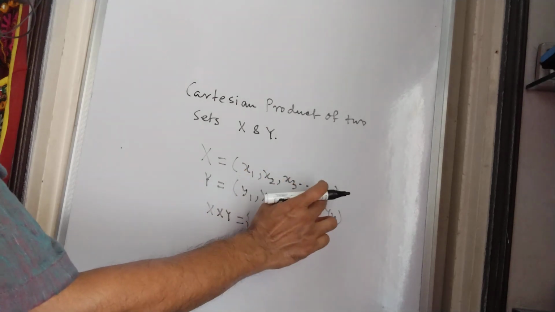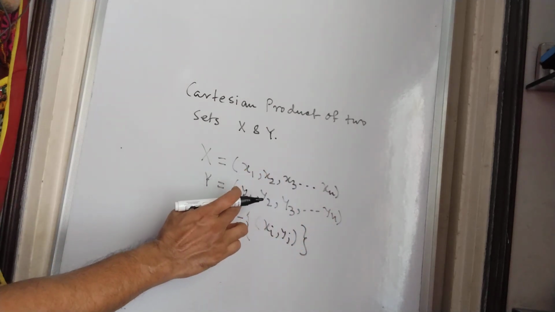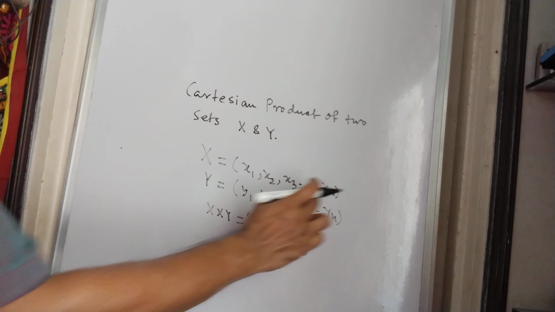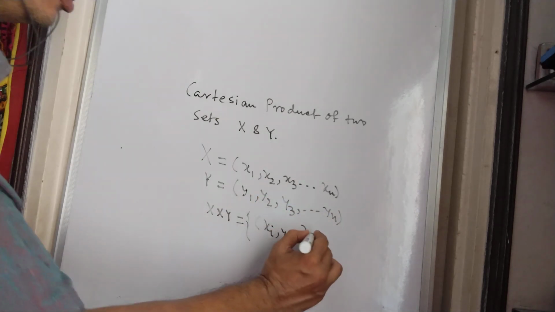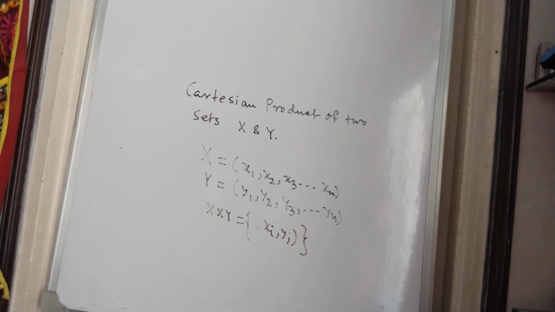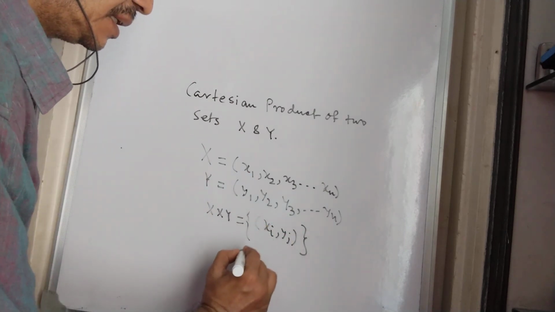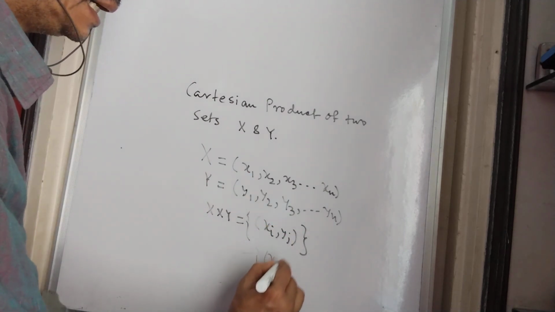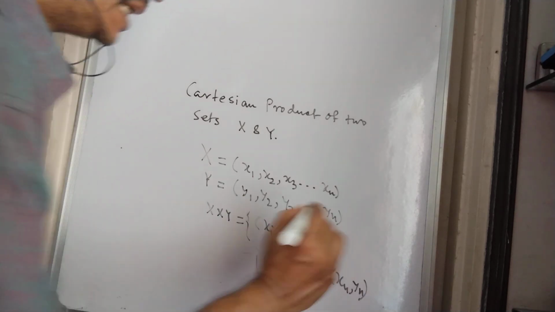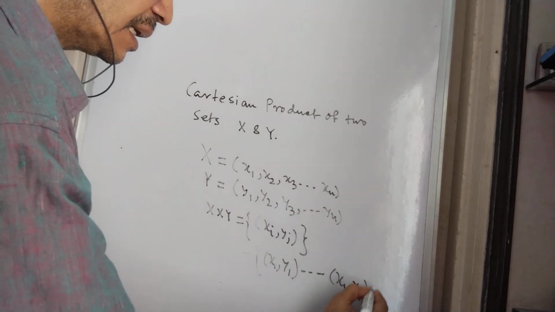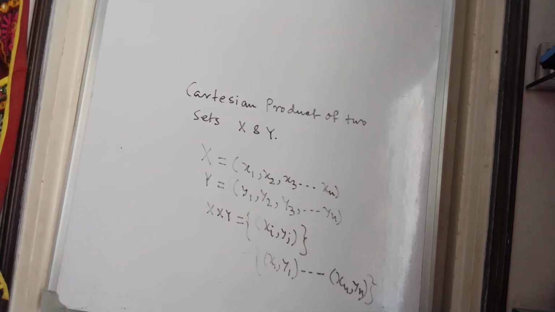And similarly up to xn, when we take the combination (xn, y1), (xn, y2) dot dot dot, the last element is actually (xn, yn). We may write the first and last elements as starting with (x1, y1) and ending with (xn, yn). So there are all possible combinations of the elements of X with those of Y.